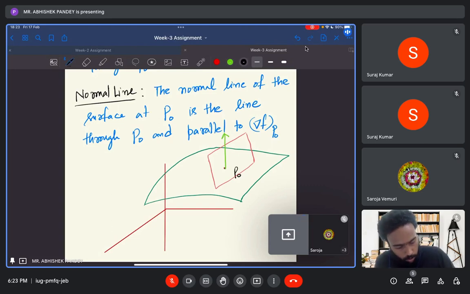So this is your level surface, this is your tangent plane, and this is your normal line.